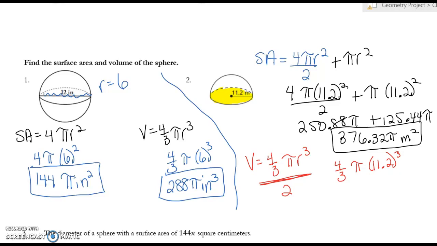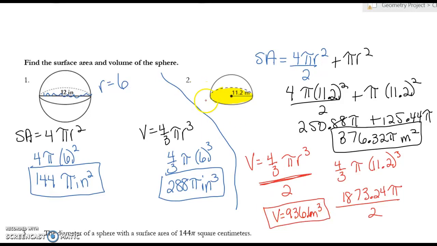When I do all that together, I get 1873.24 pi. And then I divide that by 2 because it's only a hemisphere. It's half of that. And so the volume is 936.6 meters cubed.